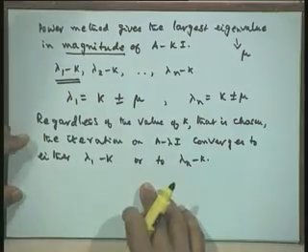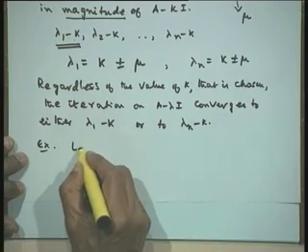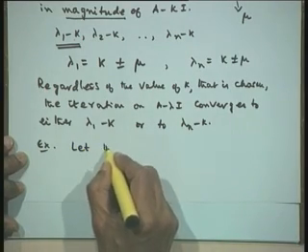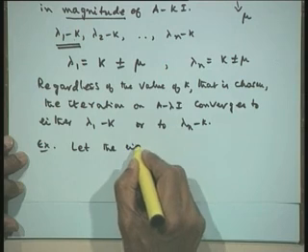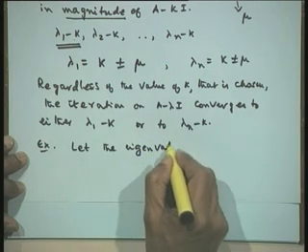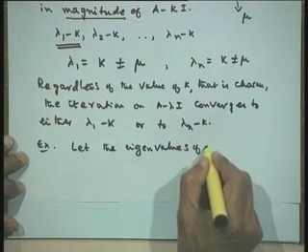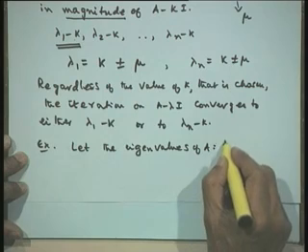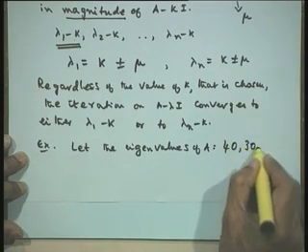Now, let me illustrate this a little bit further. Let us take a very simple example. Let us suppose a matrix has eigenvalues, let us take them as some numbers, say 40, 30, 1.